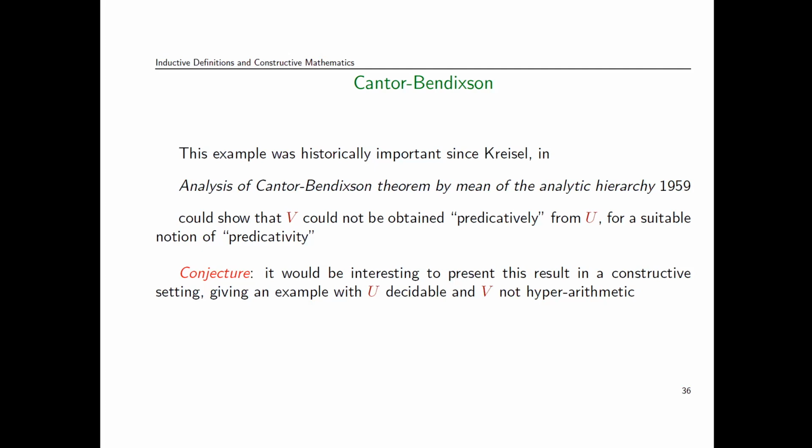And the conjecture is that you can represent Kreisel's result in the setting of type theory, giving an example where U is decidable and V is not hyperarithmetic. You need to define the V, you need ID2.